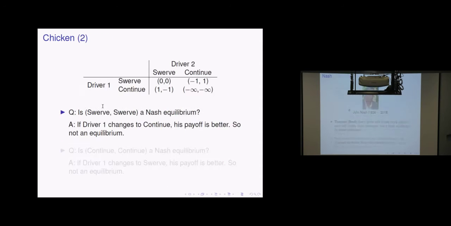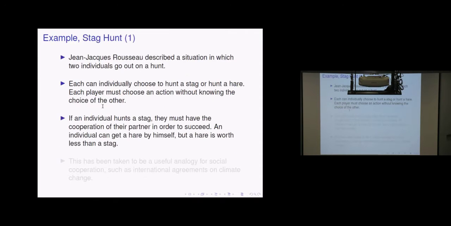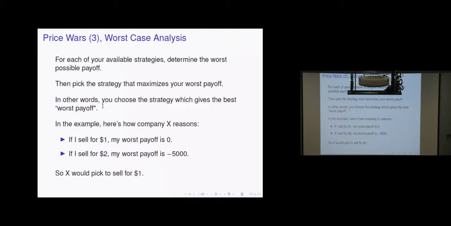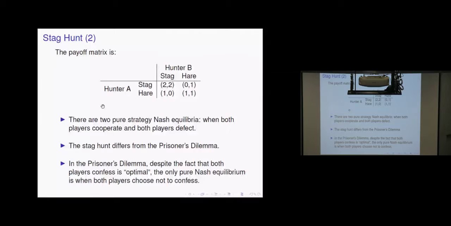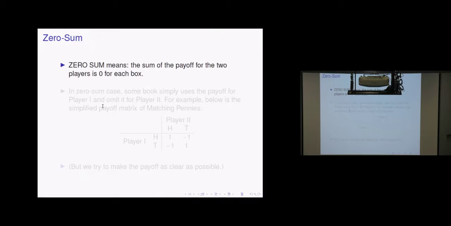So now we move on to the topic of zero-sum games. We finished this, so now we want to move on to another family of games called the zero-sum game. The definition is, as the name suggests, that the sum of the payoffs for the two players is 0 in each entry.